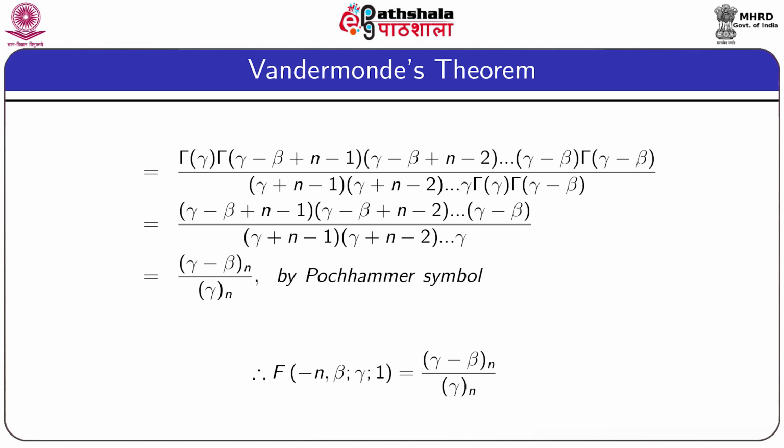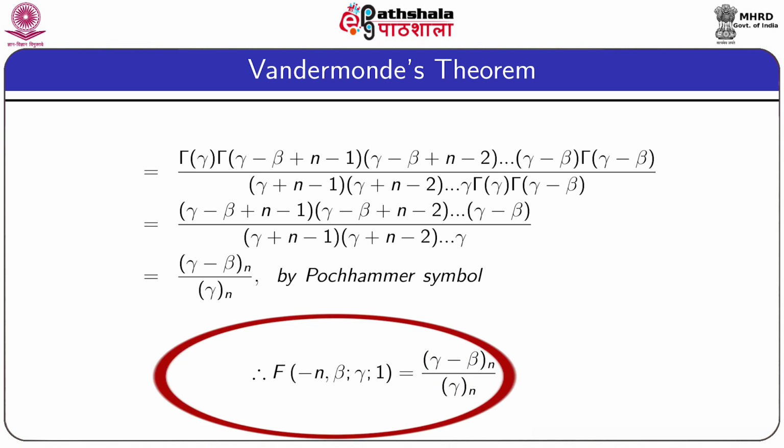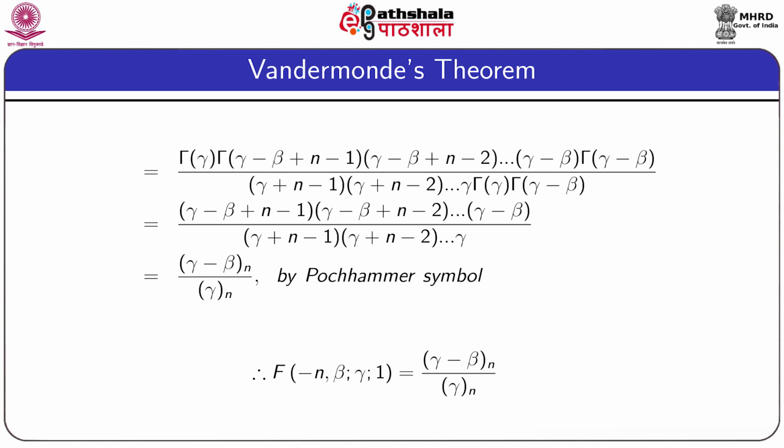Hence, we prove the Vandermonde's theorem, which is F of minus n, beta, gamma, 1 is equal to gamma minus beta suffix n divided by gamma suffix n.